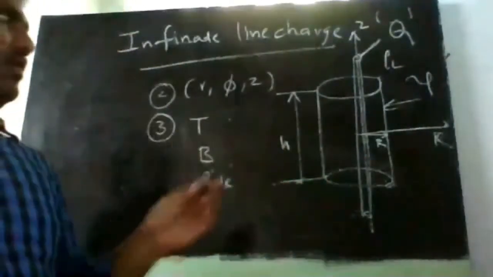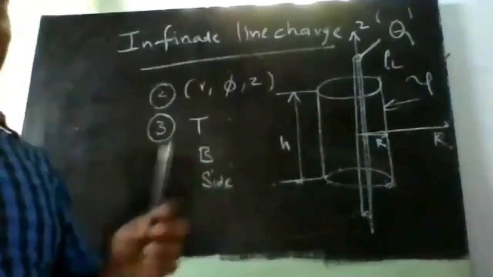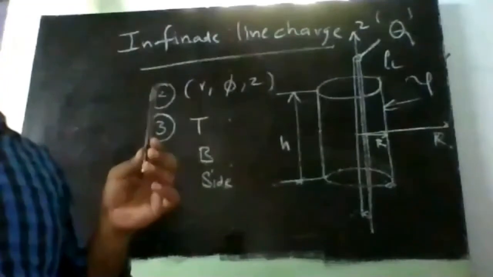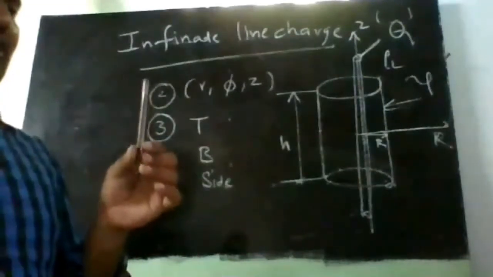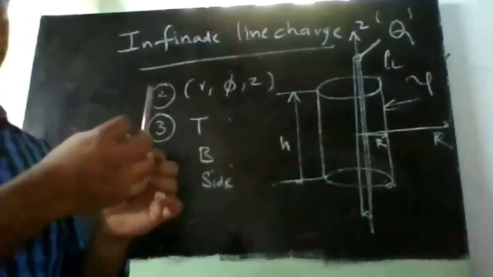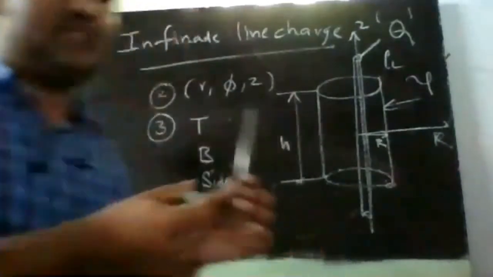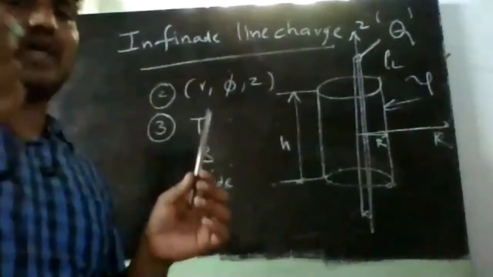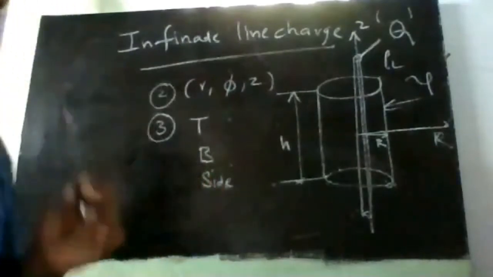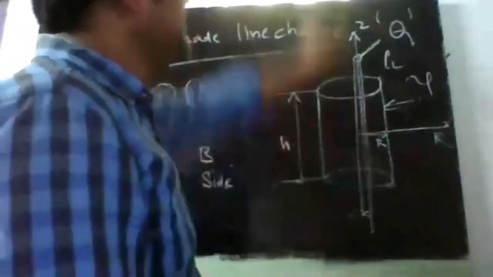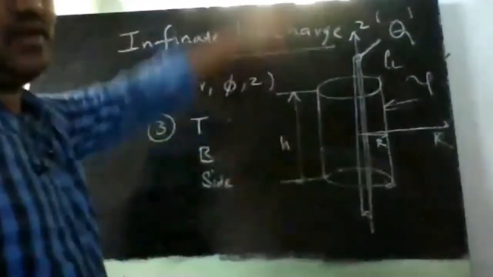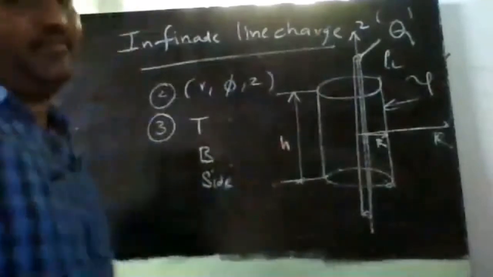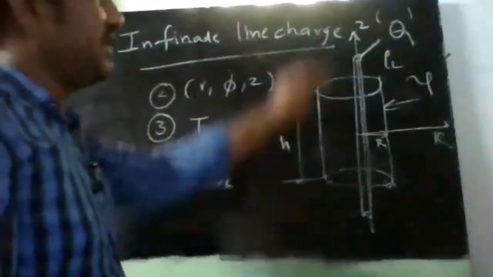Right. So out of this, we have to consider one surface which is normal, or the surface from which the flux can flow out. The point is, what is a normal surface? Normal surface means the flux should come out of the surface. See here, because this is an infinite line charge, the length of this line charge is infinity.